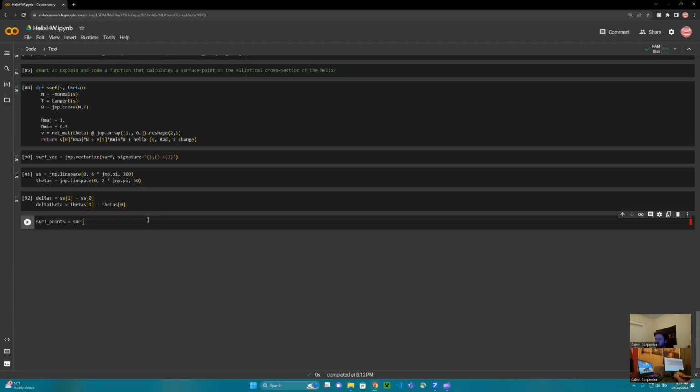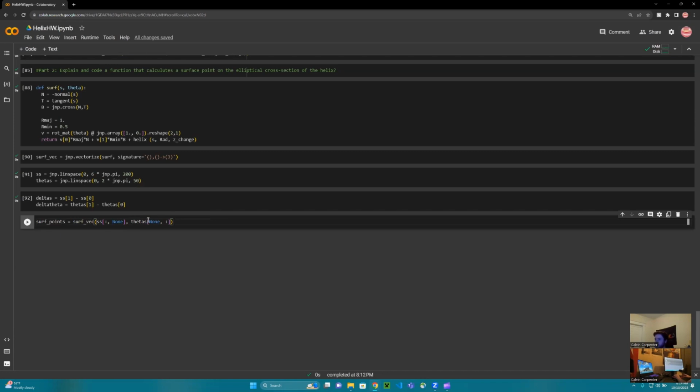So now we can use the surf vec function, and with SS, we're going to have this syntax, and for thetas, we're going to have this guy.